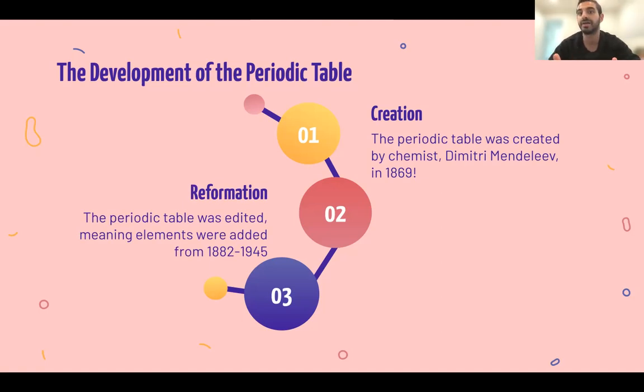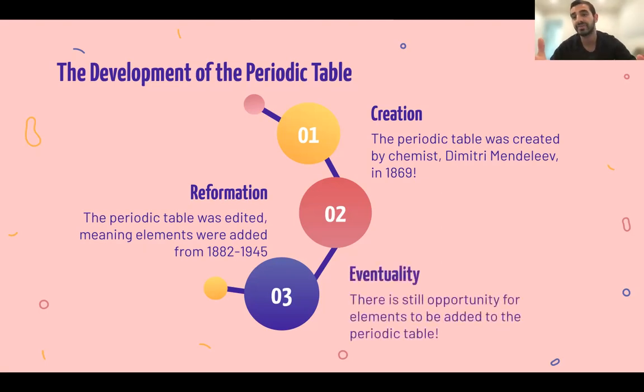Each element has its own atomic number, meaning each element only has a certain amount of protons. And if you change that proton number, you change the element entirely to a different element on the periodic table.